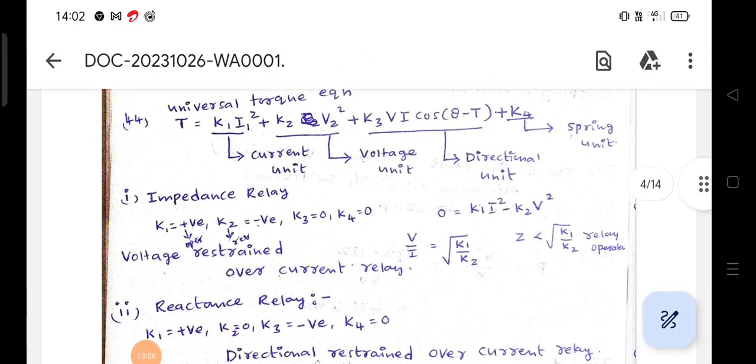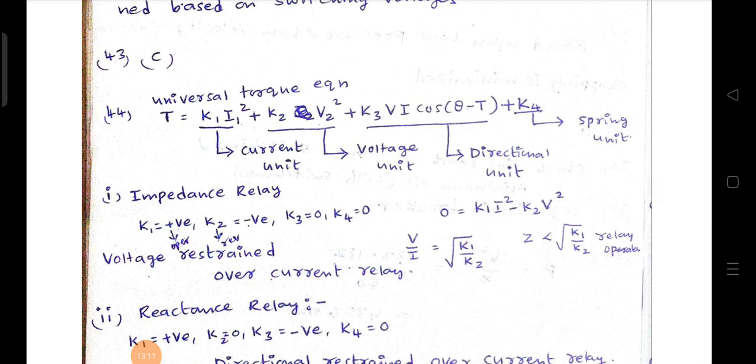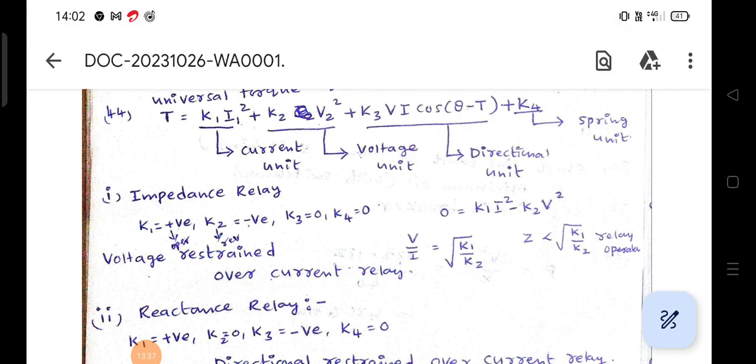Now you can observe this equation. This is the universal torque equation in case of relays. Torque T is equal to K1 I1 square plus K2 V2 square plus K3 into V I into cos of theta minus tau plus K4. The first term, K1 I1 square, indicates the current unit, K2 V2 square indicates the voltage unit, K3 V I cos of theta minus tau indicates the directional unit, and K4 indicates the spring unit.